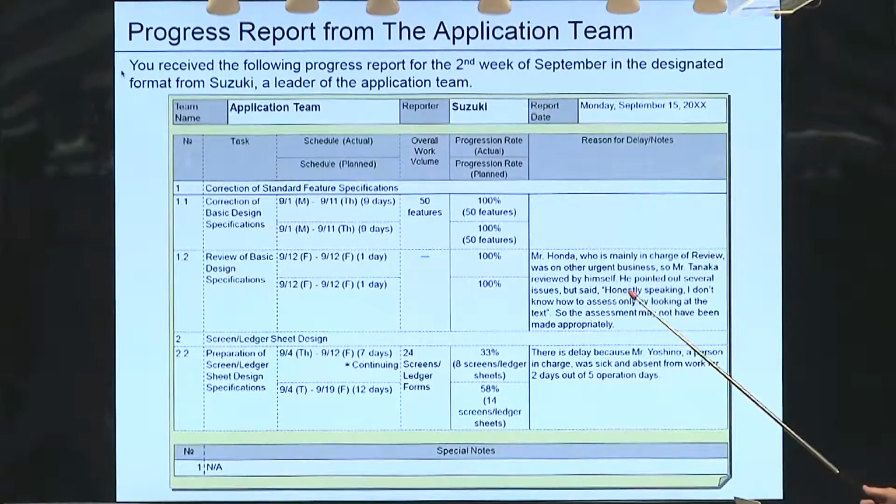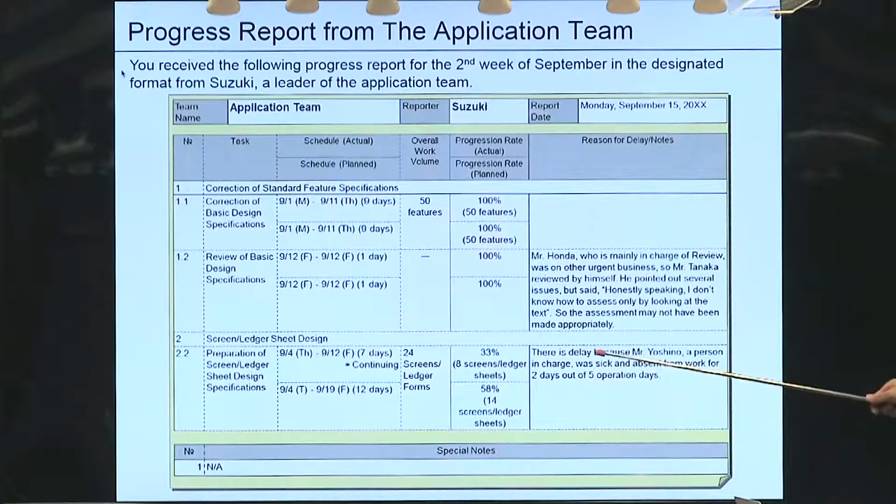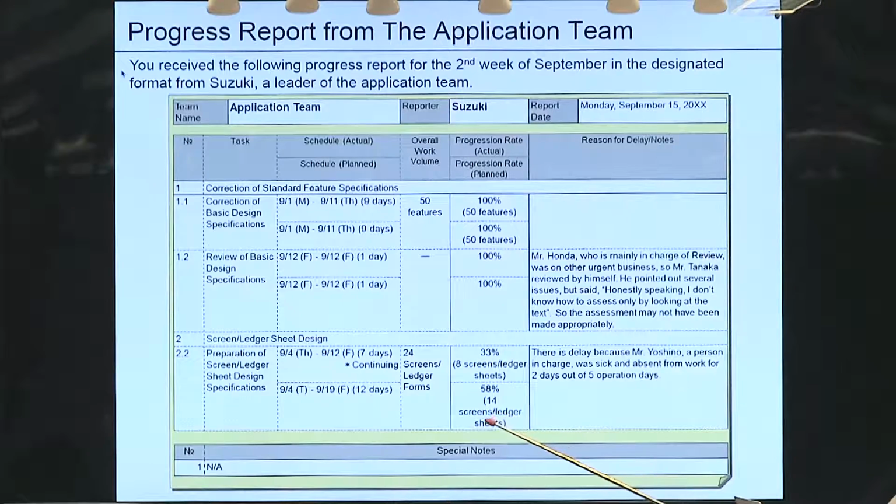It says, honestly speaking, I don't know how to assess, blah, blah, blah. And item 22, the progress rate is 33%, means 8 screens progressed versus 24 screens. So ledger seats 58%.